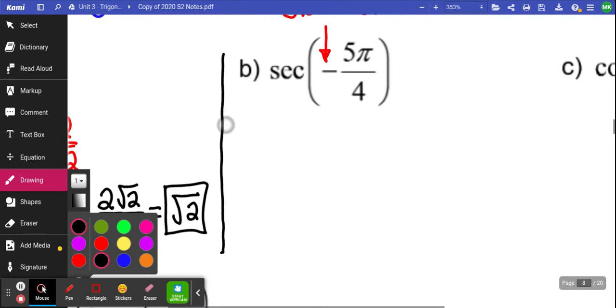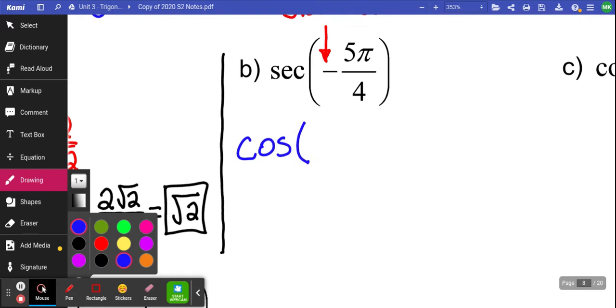Here we go. So I'm going to look up cos negative 5 pi over 4. That's the x value at negative 5 pi over 4, which is negative root 2 over 2.